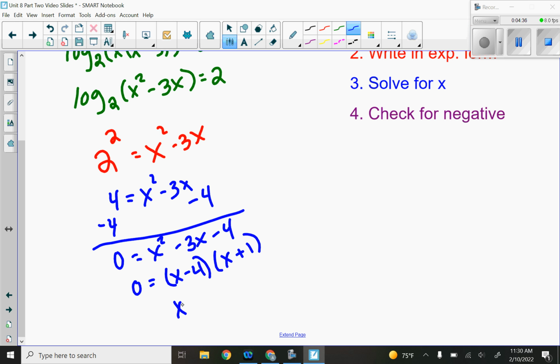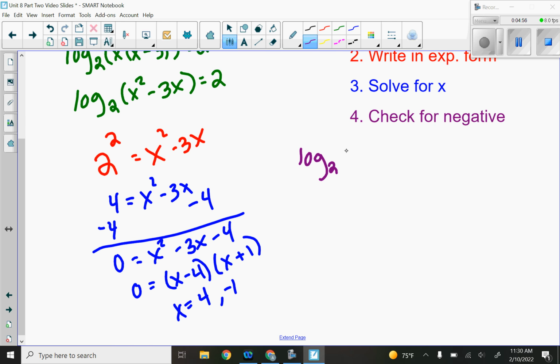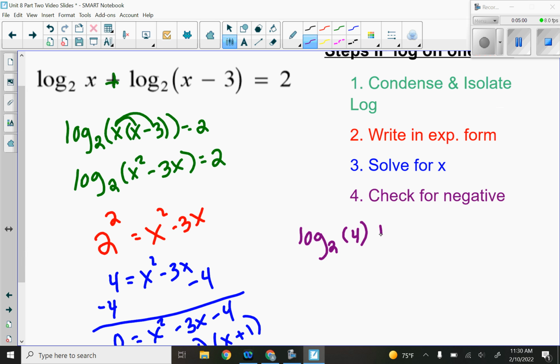So x is going to equal positive 4 and negative 1, but we need to check both of those to make sure they're not negative when we plug them into those logs. So log base 2, I'm going to check the positive 4 first, of 4 plus log base 2 of 4 minus 3 equals 2.